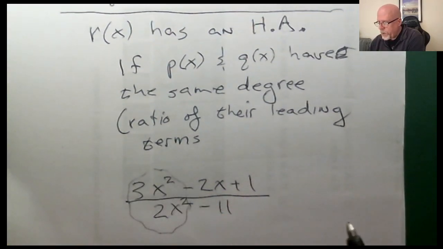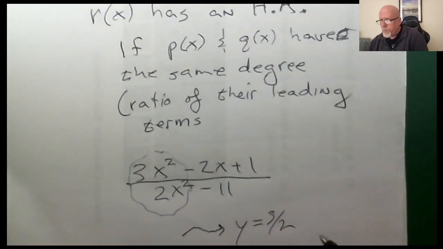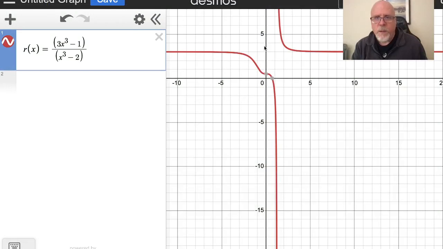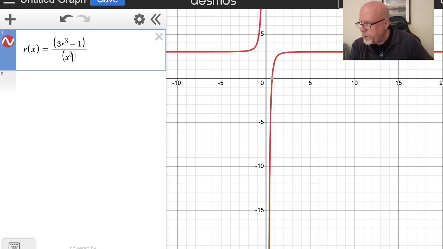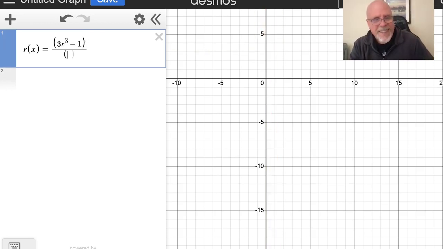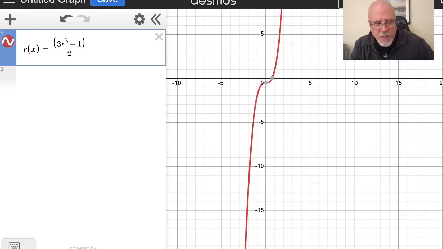The leading terms are 3x squared and 2x squared. That means it's asymptotic to y is equal to 3 halves. Just as a check on myself, let's try to graph that thing. So what did I say for the numerator? I seem to be in the denominator first, so let's put that one in. 2x squared minus 11.